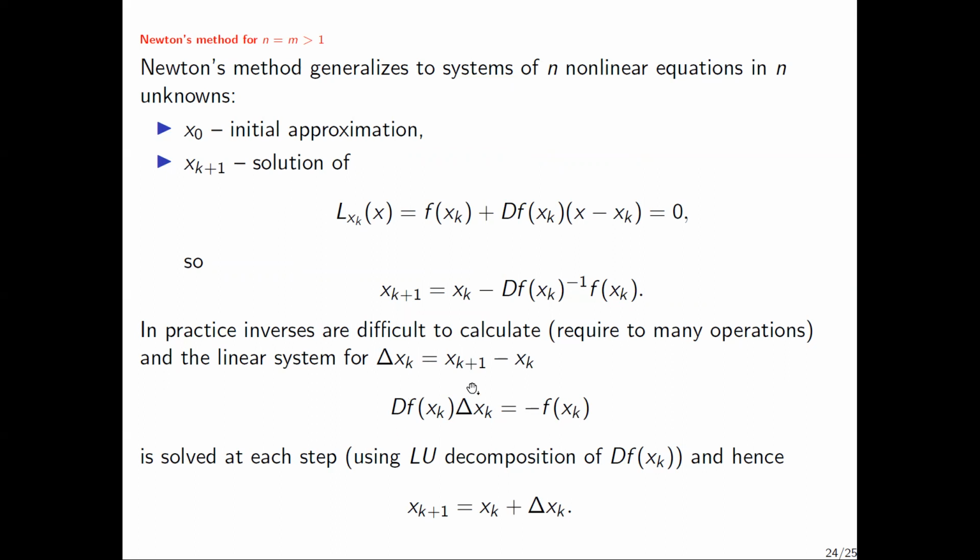This is just the usual linear system, which we solve, for example, by an LU decomposition. If you use the backslash operator in MATLAB, it uses the LU decomposition with partial pivoting to solve this system. And then the new approximate is just the previous one plus the solution of this equation.